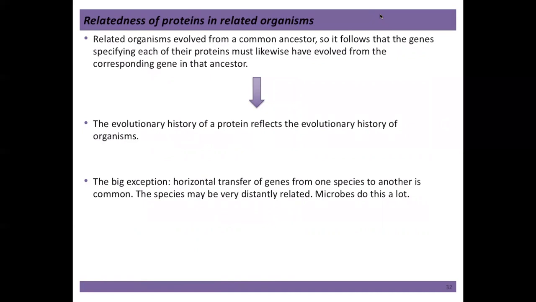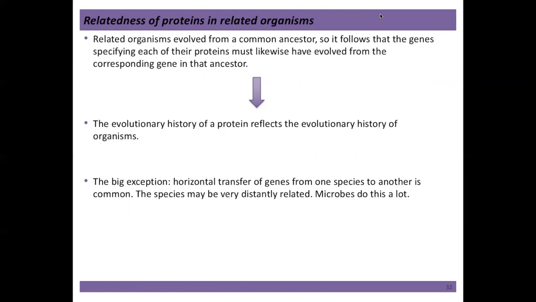Now, there is a big exception, because you can get what's referred to as horizontal gene transfer, and that is not maybe what you think of. Anyway, there's a funny joke. I won't tell you about horizontal gene transfer. We'll tell you about it in the biological sense, and that is from one species to another.